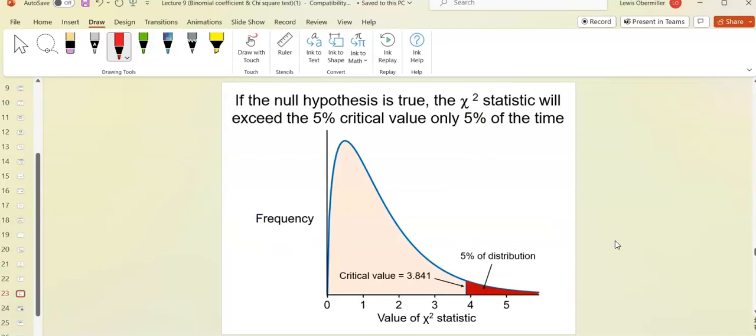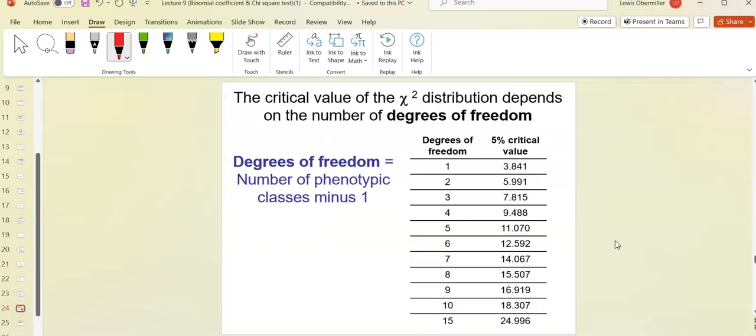We talked about the distribution and all that other stuff. In most cases, whenever you're doing science, you have a 5% critical value. And we talked about the degrees of freedom, right? It's the number of outcomes minus 1. In this case, 2 outcomes, either purple or green, minus 1 is 1 degree of freedom.